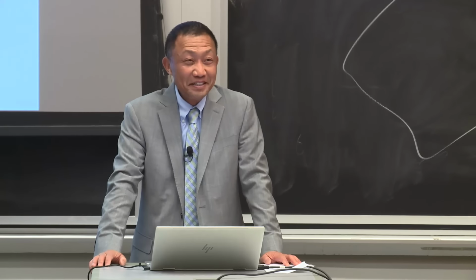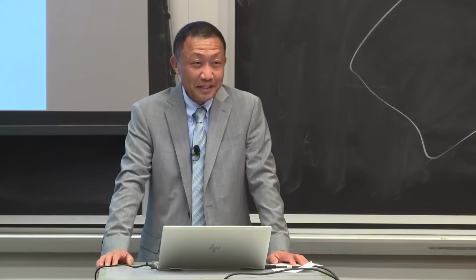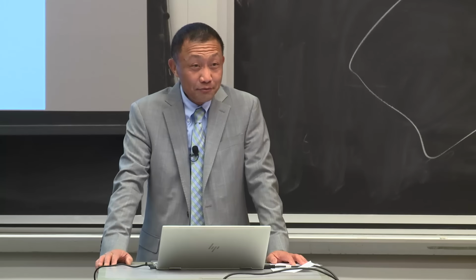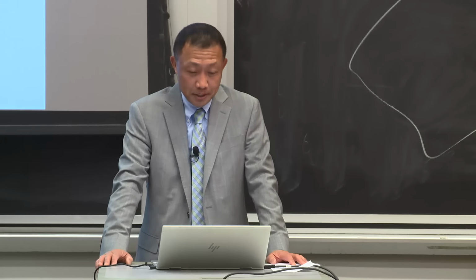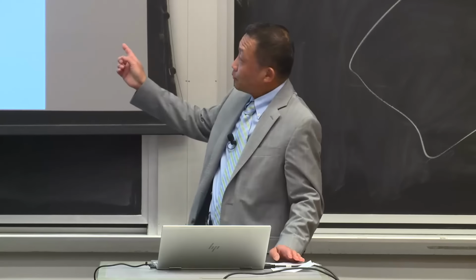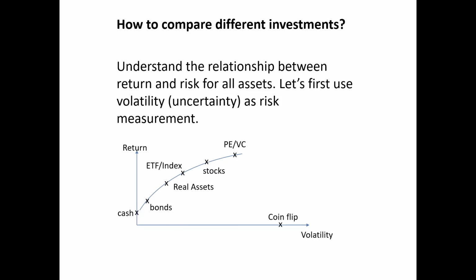If you don't have a particular edge you feel you have, investing in an index is a pretty good choice. On this graph, I'm showing you return versus volatility. We already touched upon it: a lot of people chose cash, right?